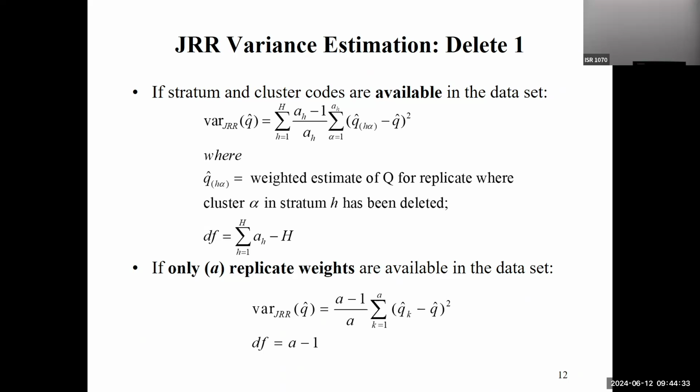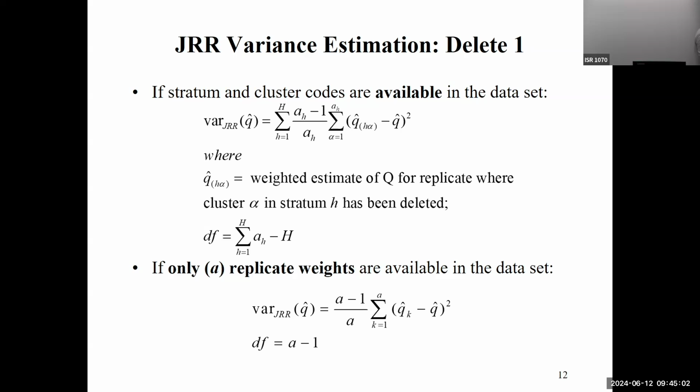So some data producers, in addition to giving you the replicate weights, will give you these coefficients for each of the different cases in the data set. So every case coming from the first stratum should have a coefficient of 3 out of 4. Every case coming from the second stratum should have a coefficient of 1 out of 2. You might see an entire vector of coefficients like that because the data producer wants you to use this particular variance estimation formula.